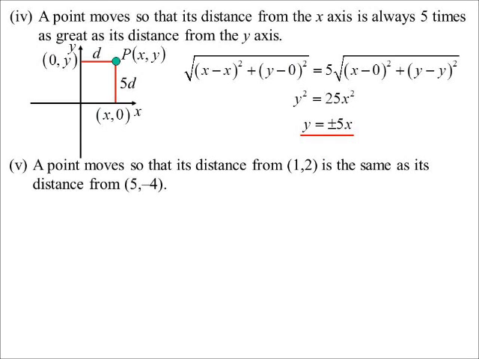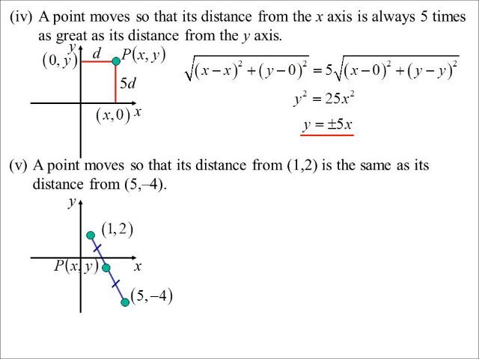A point moves so that its distance from the point 1, 2 is the same as its distance from the point 5, negative 4. Now, this one really is a bit difficult to just look at and get the answer. Different ways of thinking about it, I suppose. Here's our number plane. There's the 2 points. What I do know is the midpoint must be included. So P(x, y) could be any random point, but I know the midpoint would be one of them because the distance is going to be the same.